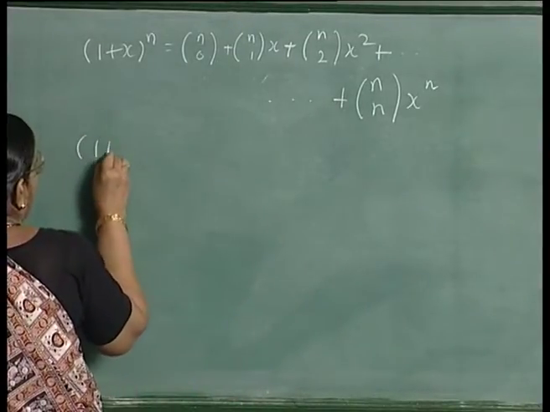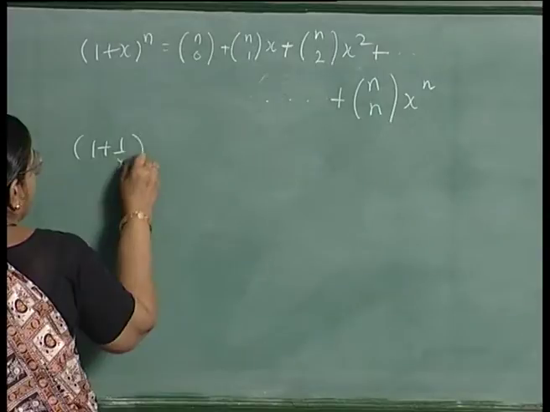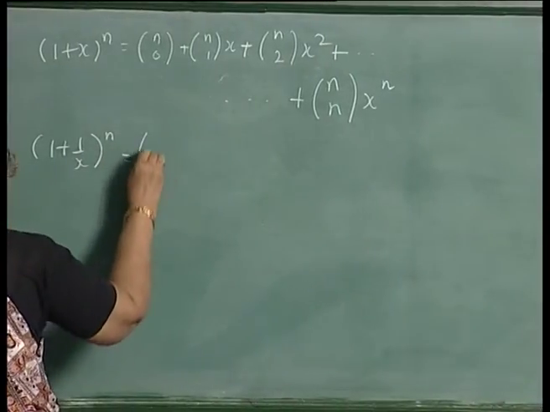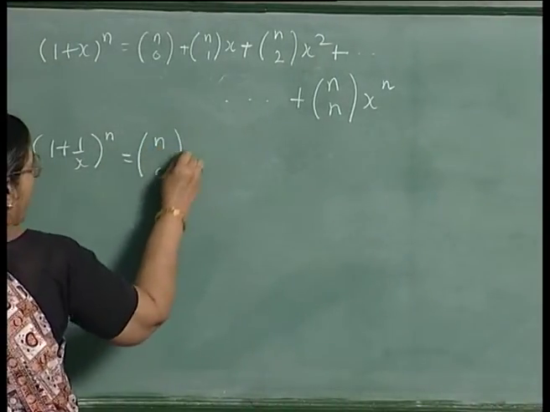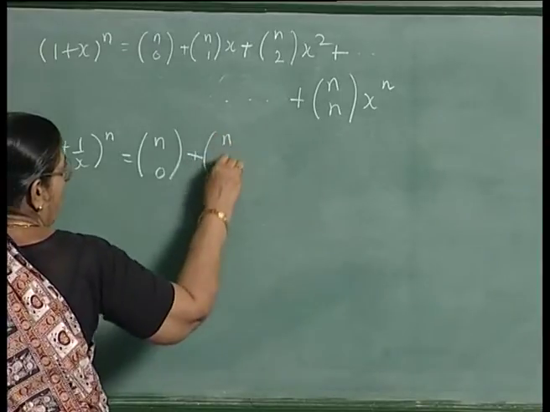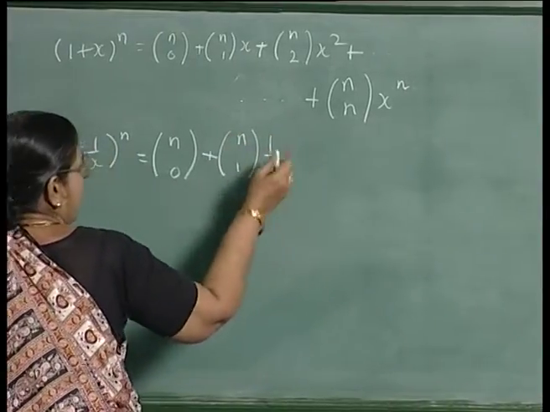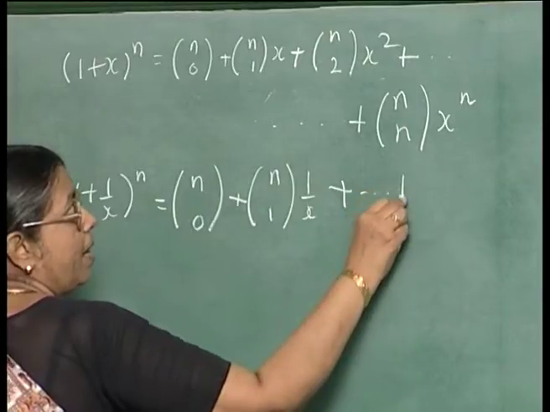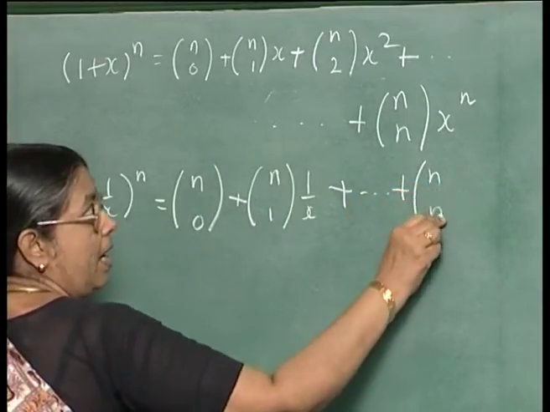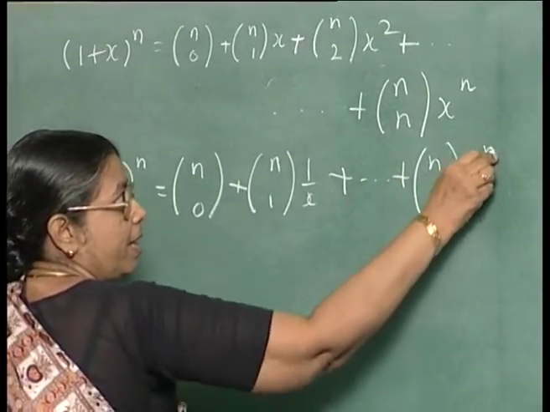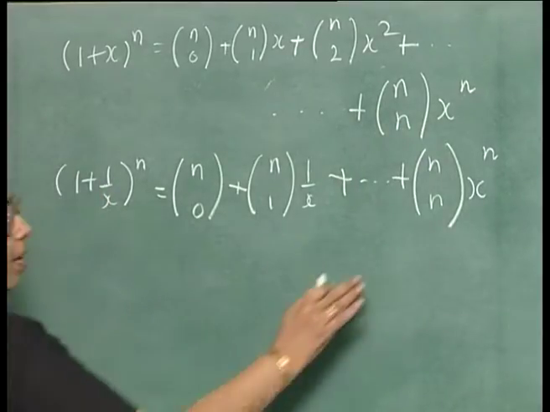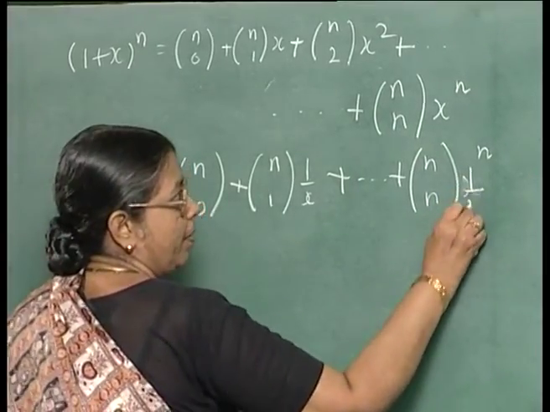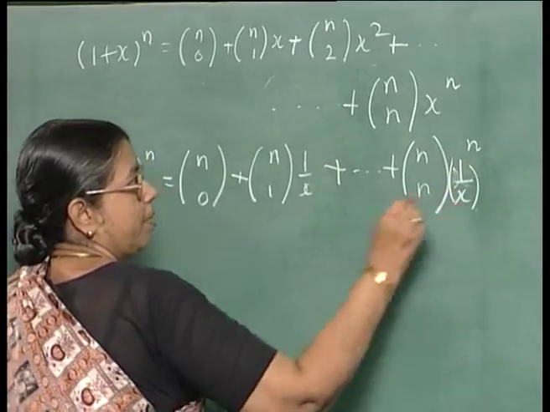Look at (1 plus 1 by x) power n, that is equal to nC0 plus nC1 into 1 by x plus etc. plus nCn into (1 by x) power n. I am sorry, this is (1 by x) power n.